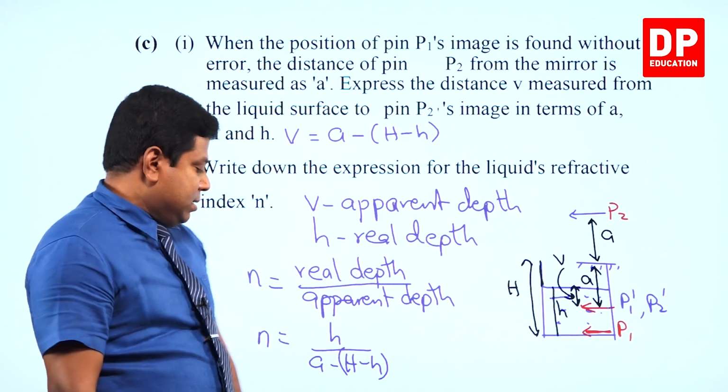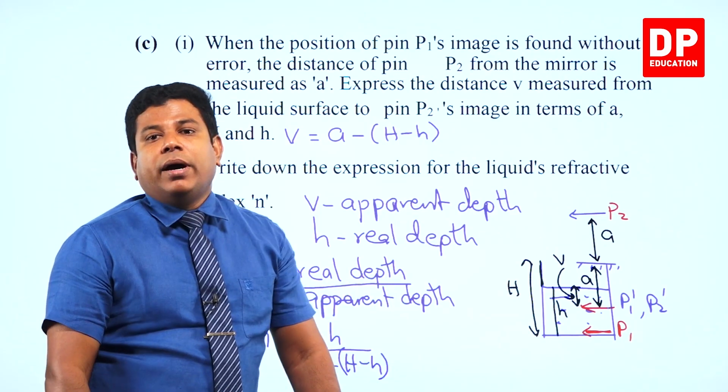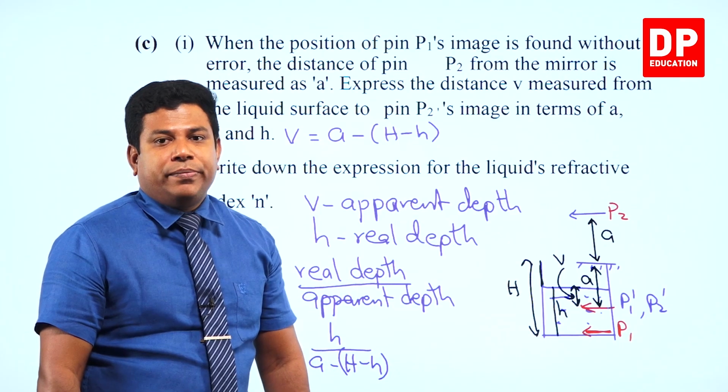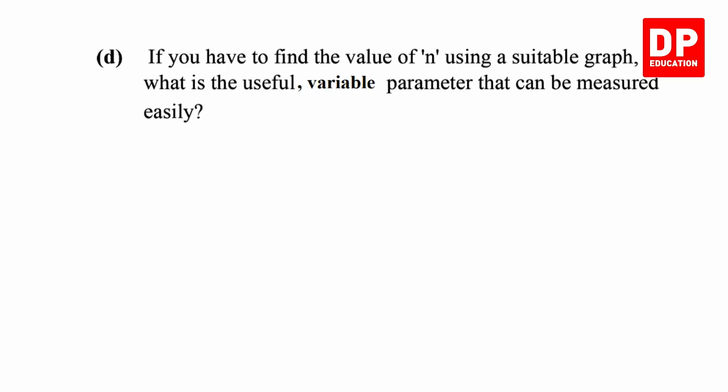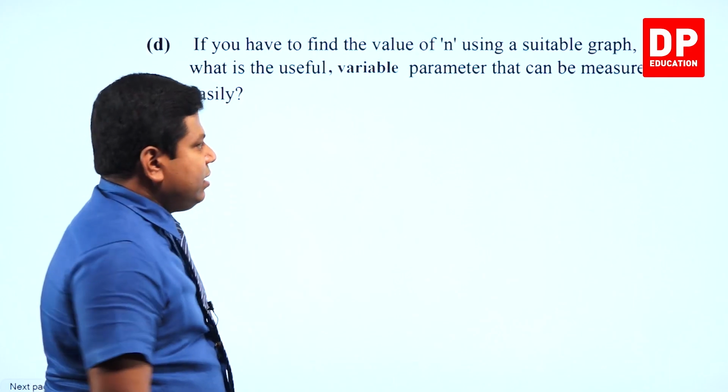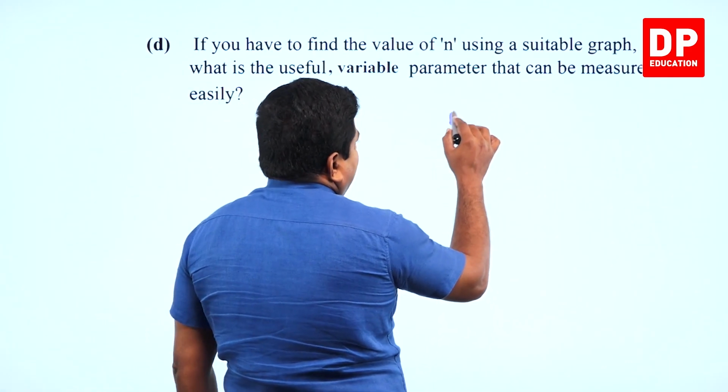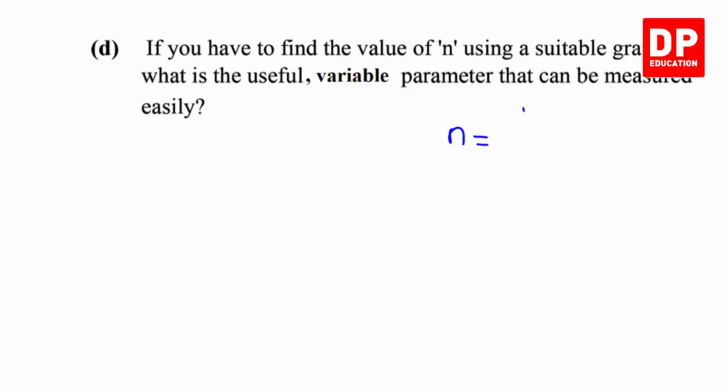So N equals h divided by A minus capital H plus small h. Right? The next one. If we have to find the value of N using a suitable graph, what is the useful variable parameter that can be measured easily? Now look at this. This is what we have written here: N equals h divided by A minus capital H plus small h.